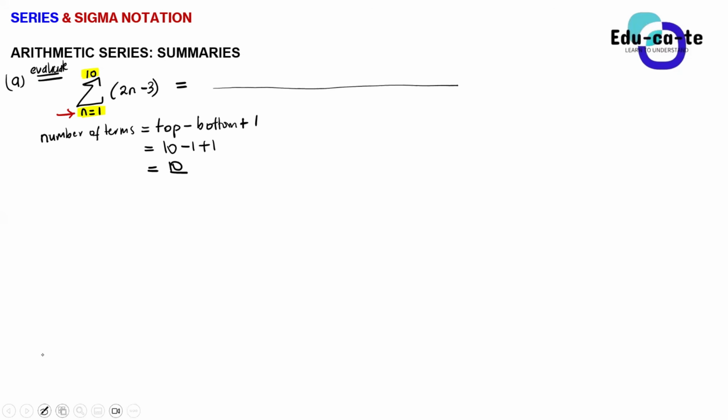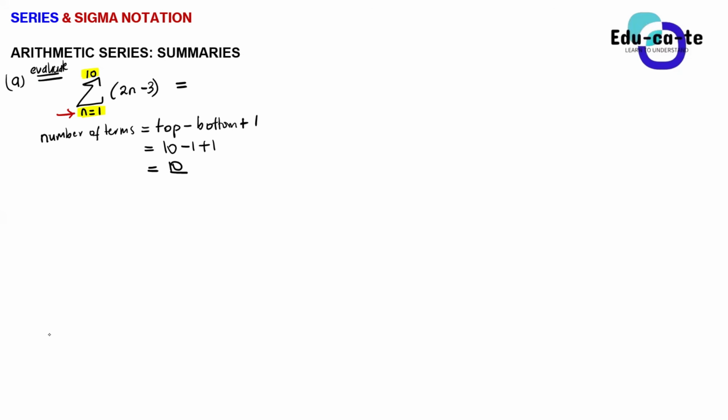So now this is when you need to expand your sigma notation into a series. You need to expand it into a what? Into a series. Because you are not given a series, you are given a sigma notation. Before you evaluate it, expand it. So you are adding 10 terms here. Starting from what?